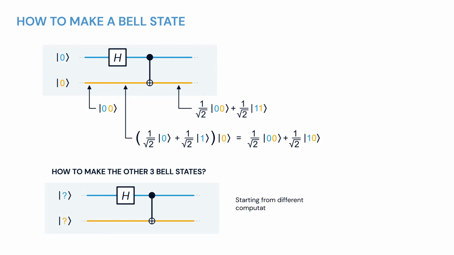Qubits composing a Bell state are entangled because their joint state cannot be written as a tensor product of the states of the individual qubits. Bell states are key in quantum communication operations, such as quantum teleportation, entanglement swapping, and superdense coding. Let's briefly review how they work.